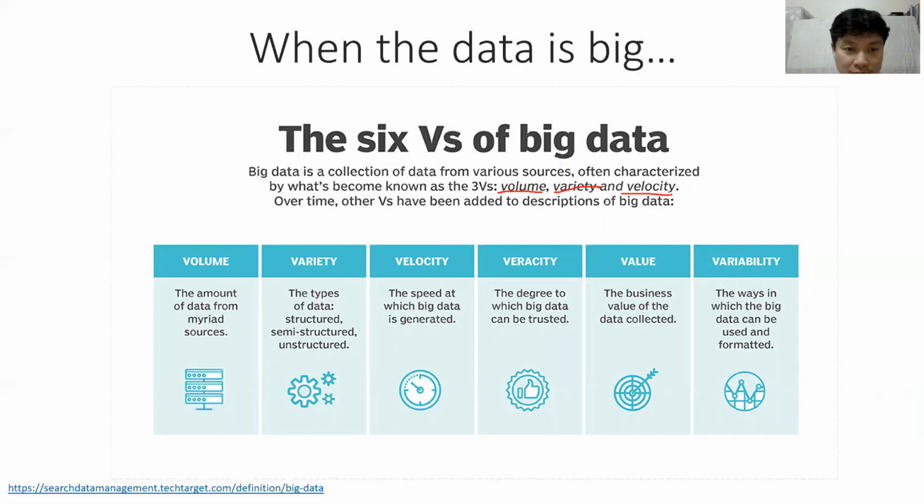And the variety of the data is varied. It means it consists of structured data, semi-structured data, and unstructured data. But the velocity means the speed of the data. You know, if you're using email, of course, it's very slow because the email can go to everyone just in 1 minute.